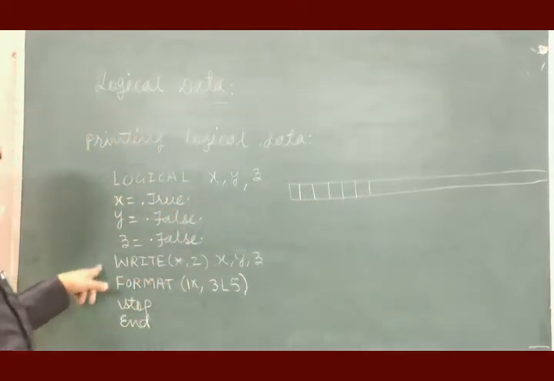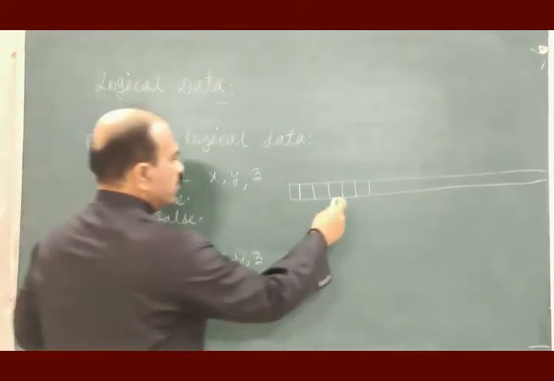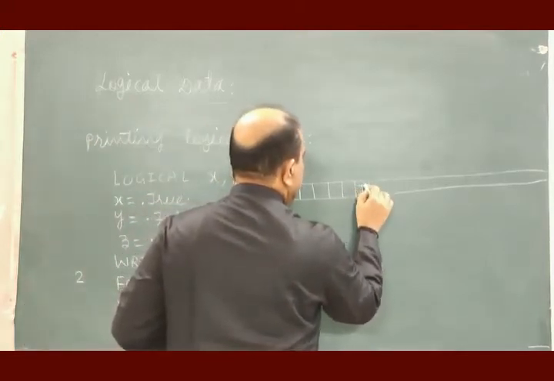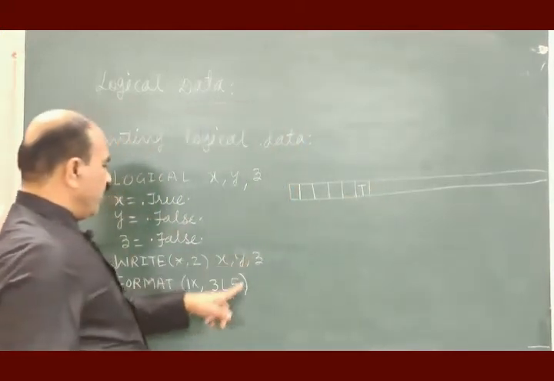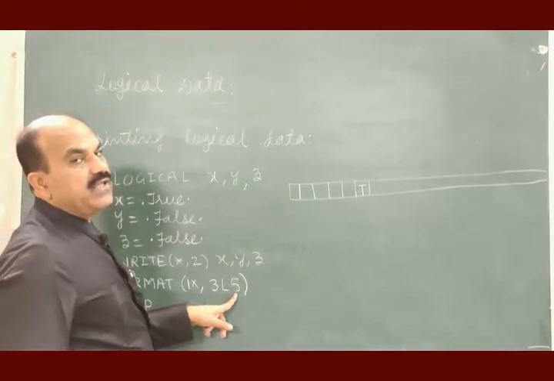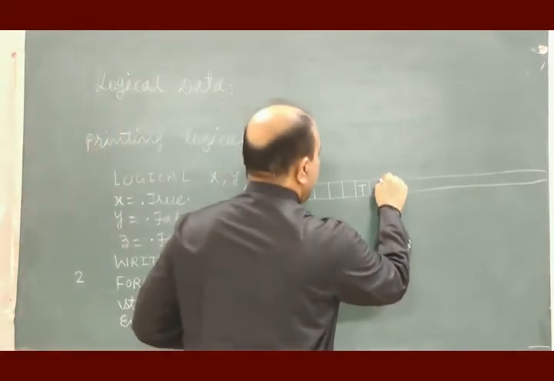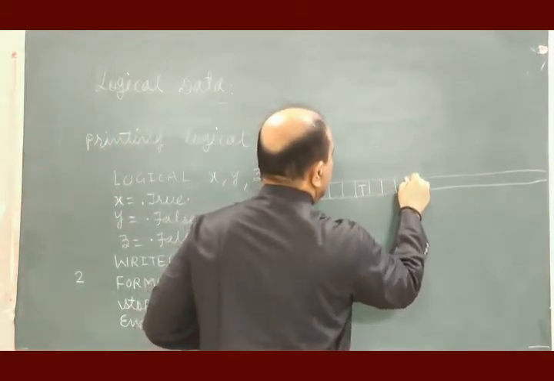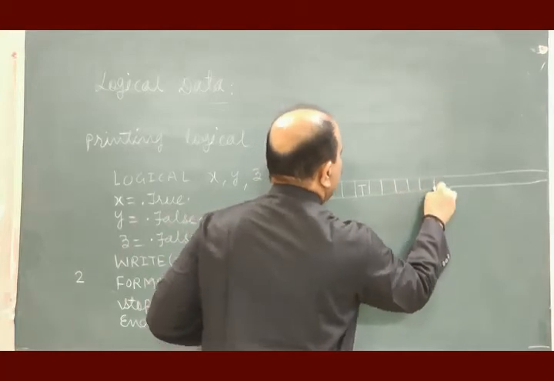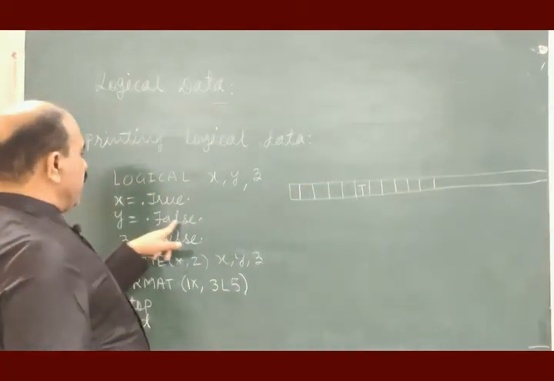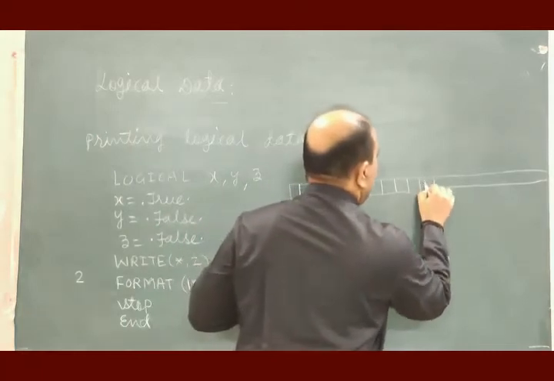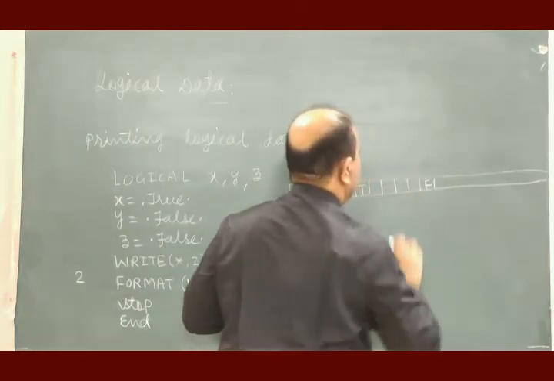What is the value of x? True. T will be printed here. Then for y, again I have to take 5 positions. What is y? False. F will be printed here.